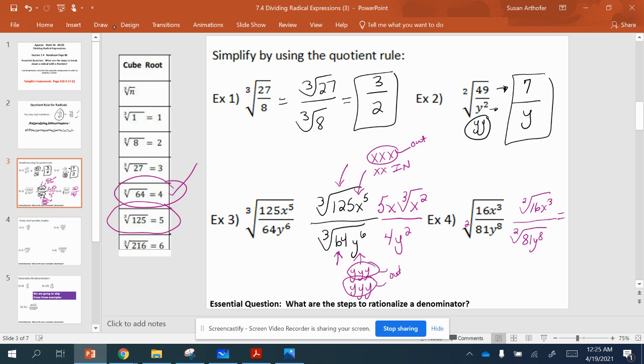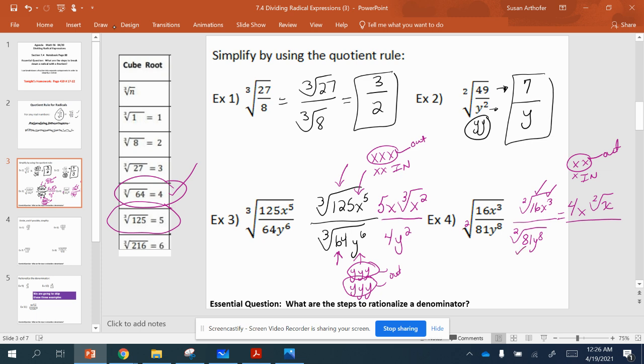So here we go. Who's out and who's in? I need a little square root. Square root of 16 is just 4. X cubed, I'm just going to draw it out. Out is an x. In is one left over. Then I'm going to do the bottom.